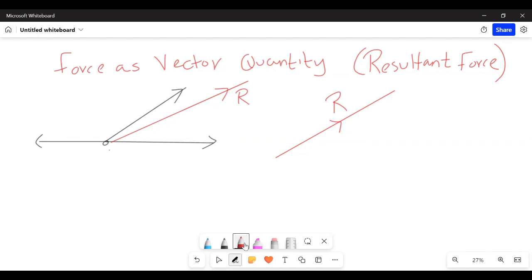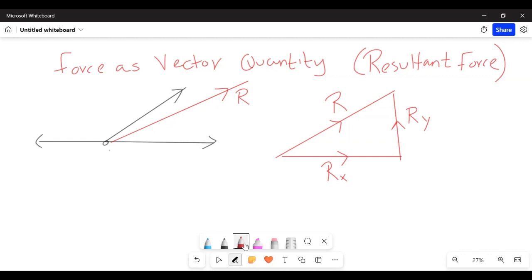Okay. So the resultant force always has an X component, we call it Rx, and a Y component, we call that Ry. Now, how do you find Rx from the question? How do you find Ry? I mean, from the given three forces.